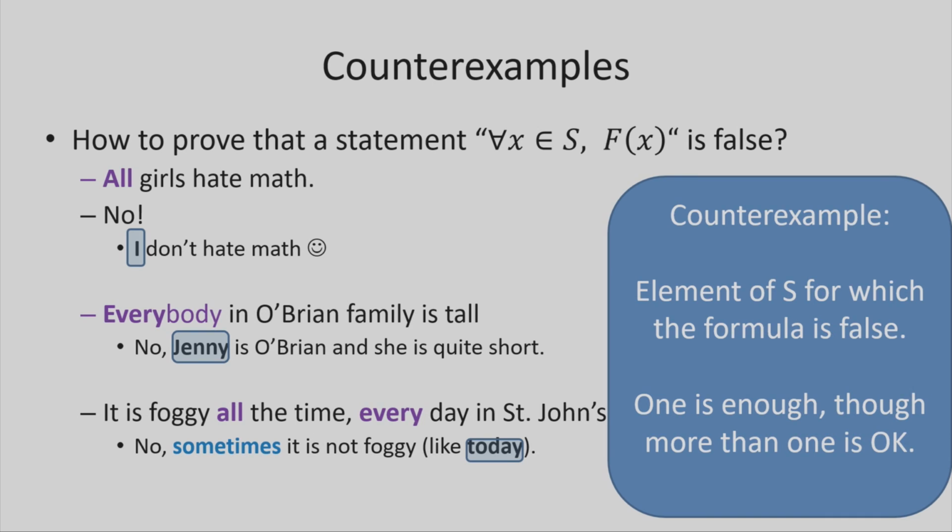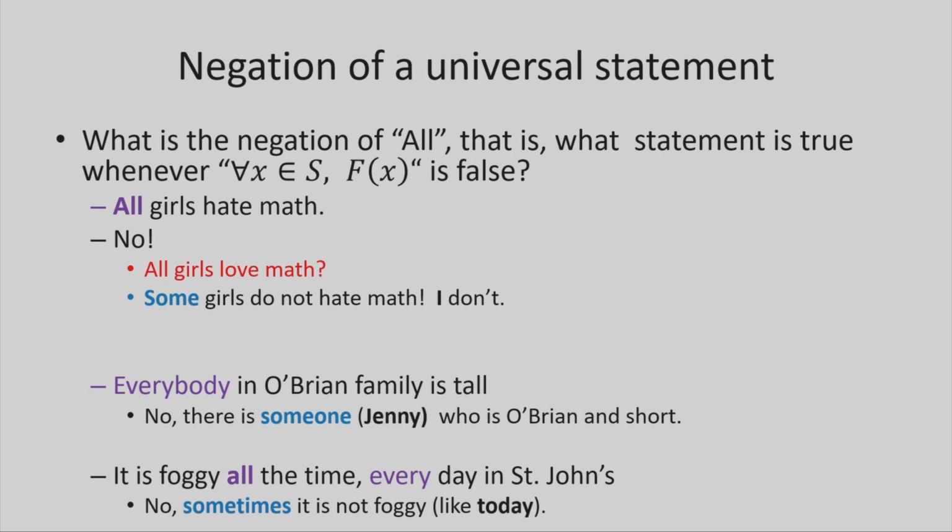So a counterexample is an element of the domain on which the formula is defined, of the universal quantifier, for which the formula is false. And there can be more than one, but one is enough. So in general, as you know, when a statement is false, that means that its negation is true.